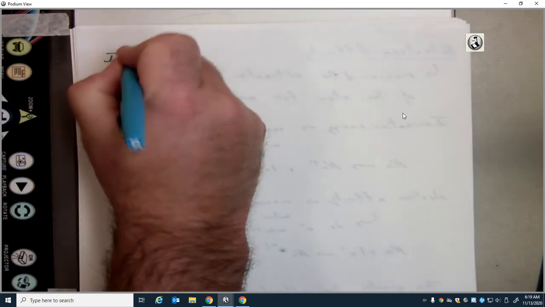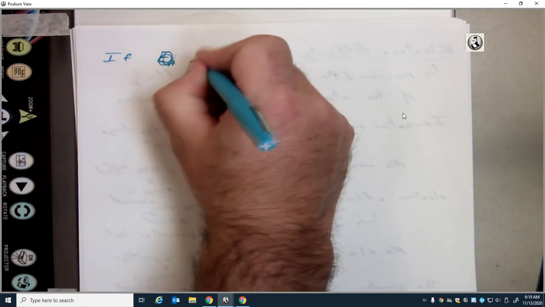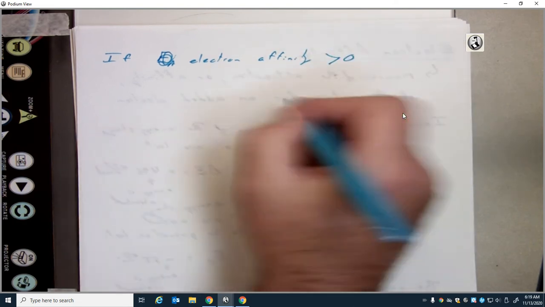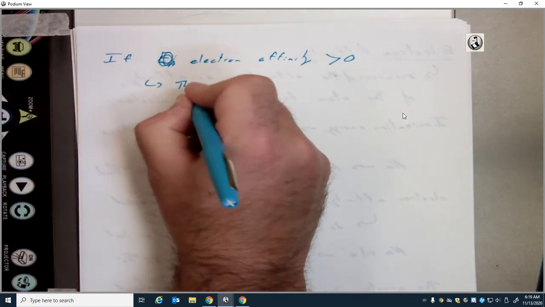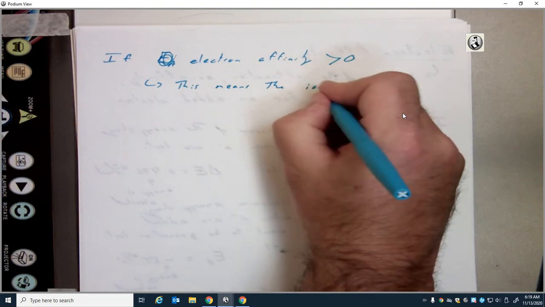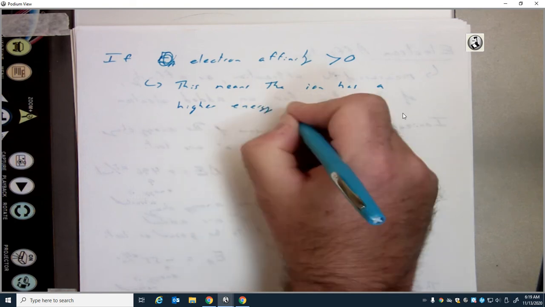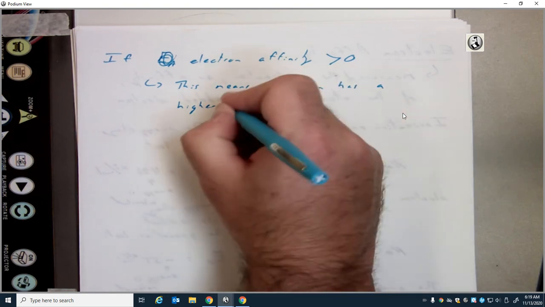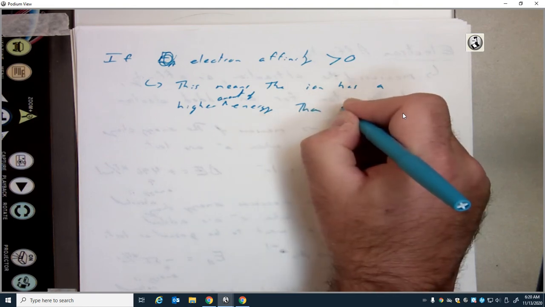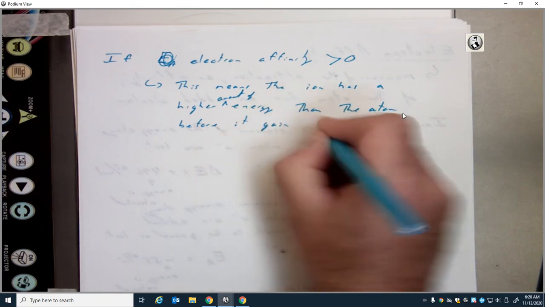So if our electron affinity is greater than 0, this means the ion has a higher amount of energy than the atom before it gained an electron.